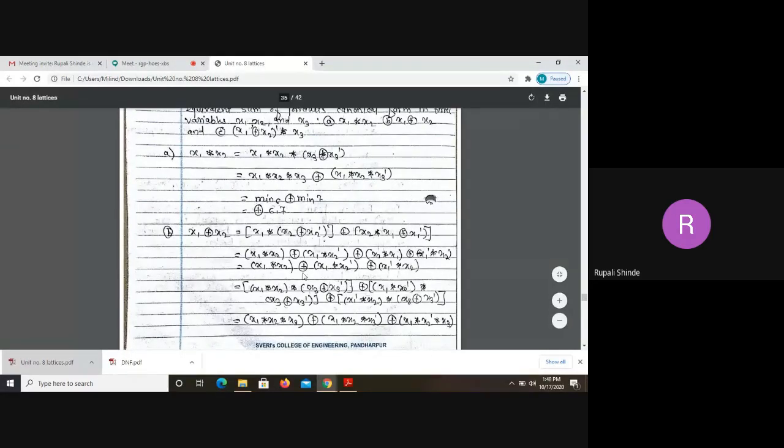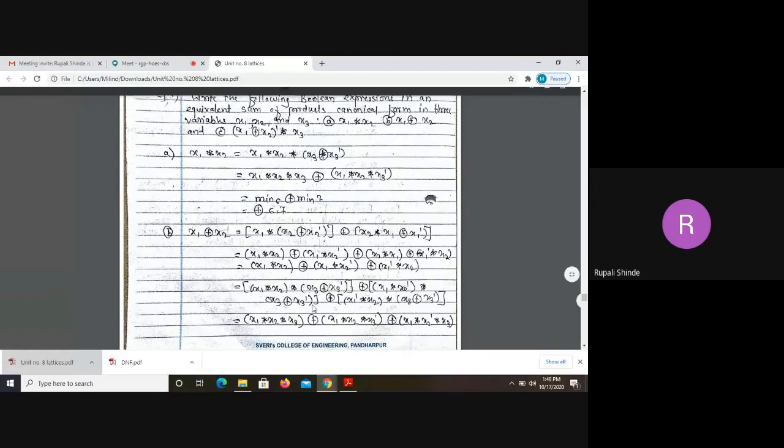Okay. Now next one is XOR operation, that is written here. Again x3 is missing, so x1 star x2 complement star (x3 XOR x3 complement). So again here we have added x3 XOR x3 complement for x1 complement star x2. Again for this term x3 is missing, that we have added here as x3 XOR x3 complement.